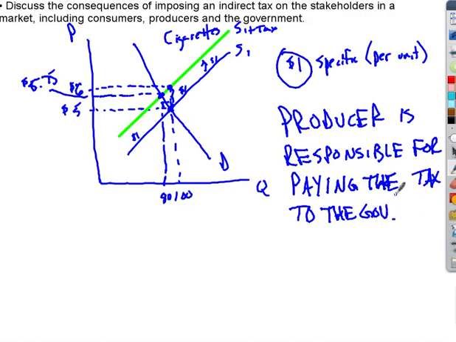All right. And so here, the price is now $5.75, right? And so the producer is going to get $5.75 from the consumer, all right? But out of this $5.75, what do they need to do? They need to take $1 of it and give it to the federal or whatever government. They have to give it to the government.